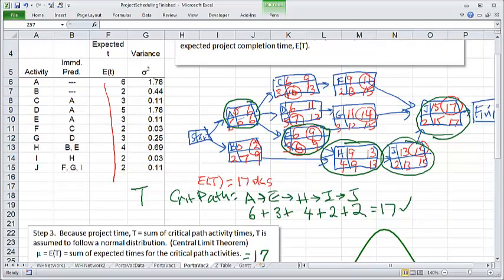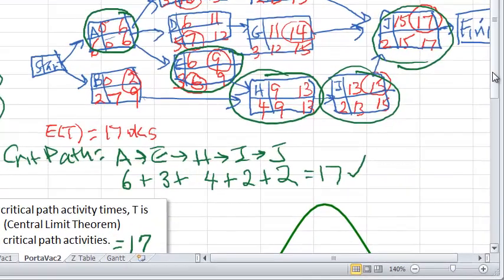So the critical activity variances are, here's A 1.78, and then E 0.11, H 0.69, I and J 0.03, 0.11. So these 5 values are what we want to add.